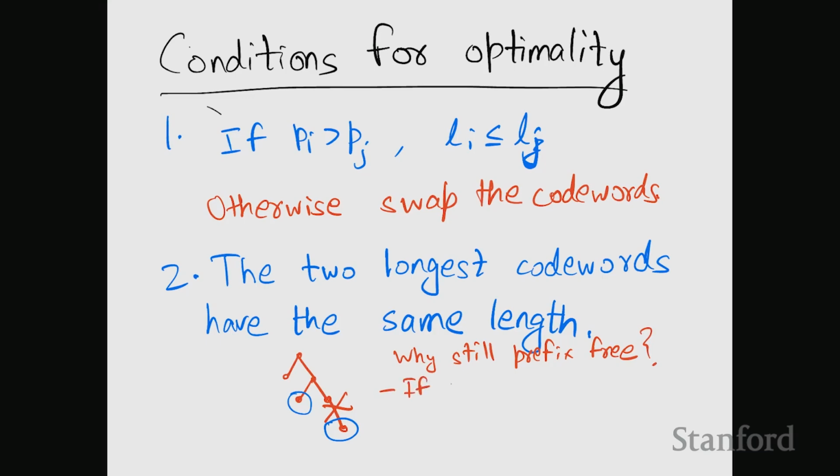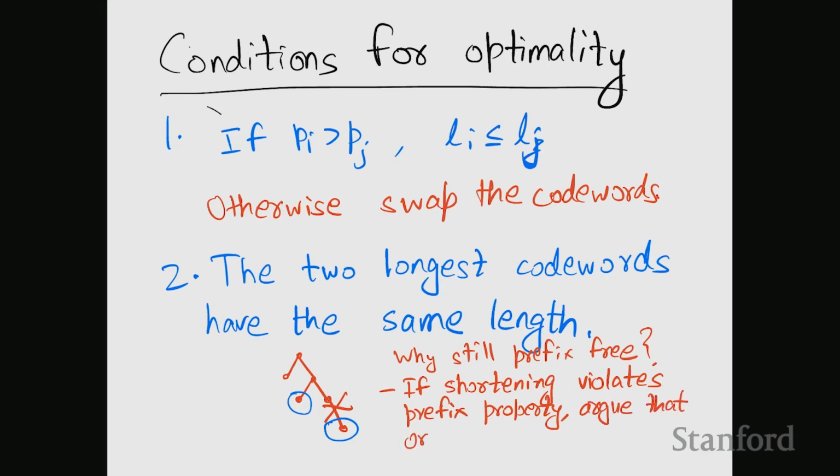If shortening violates the prefix property, you can argue that the original code also violates it. If you shorten it and then it suddenly starts violating the prefix condition, the original code must have been already violating it. Otherwise, it's not possible that the shortening violates it.